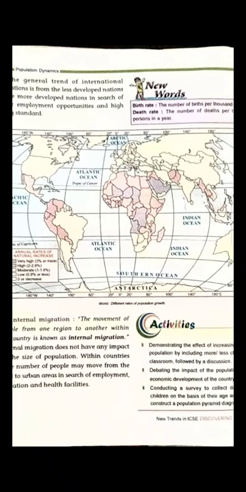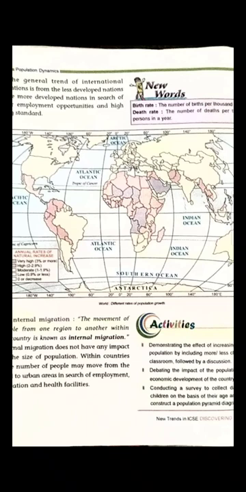People from less developed countries like India and the neighboring Southeast Asian countries are moving towards more developed countries like the European countries, the United States, Canada and Australia. They are going and settling there. Why? What are the reasons for that? Maybe for better employment opportunities and a high standard of living.